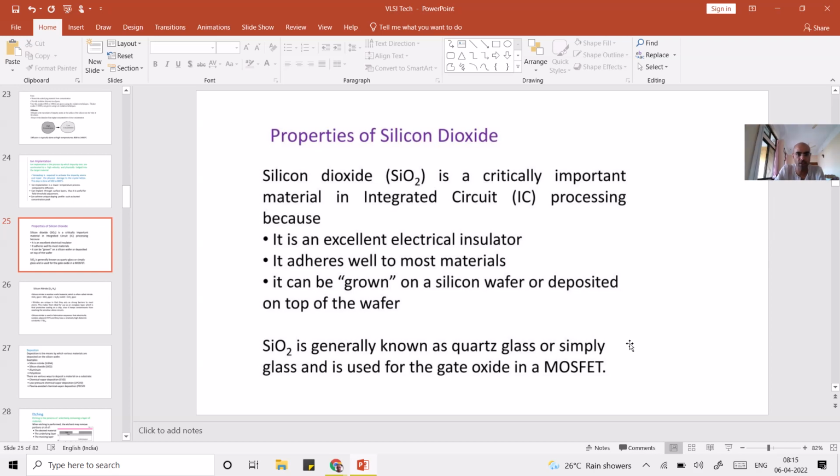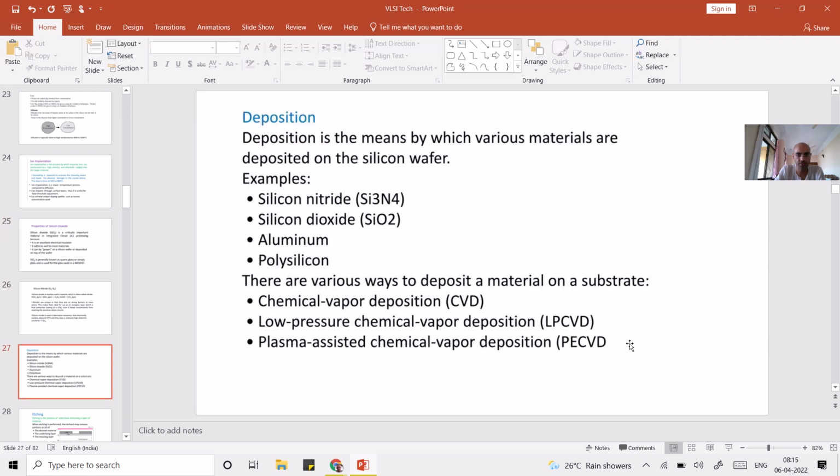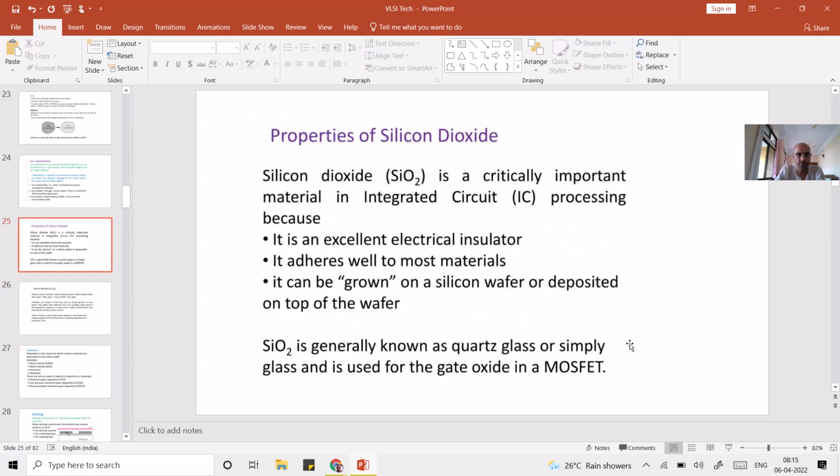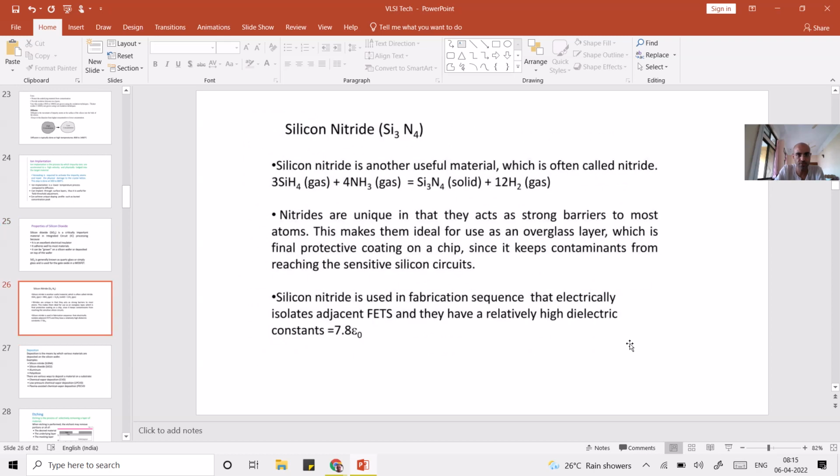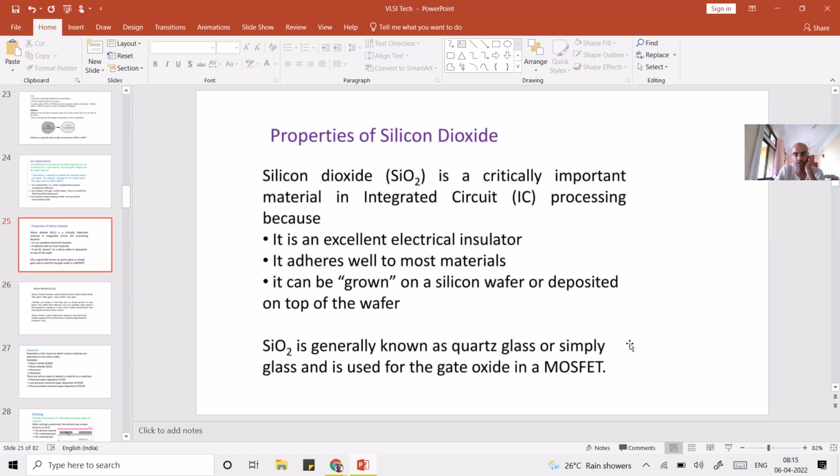Just tell me if it is not changing. I think it is changing now, right? Silicon nitride it is showing. Yes, okay, fine. So I'll keep it in this mode only. Maybe for some reason in full screen mode it doesn't change. I have to restart the system.